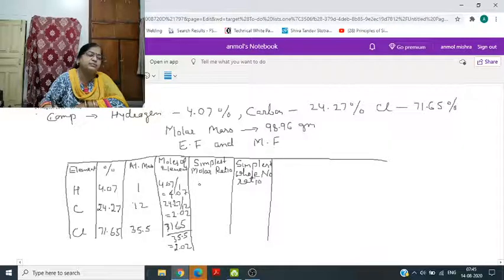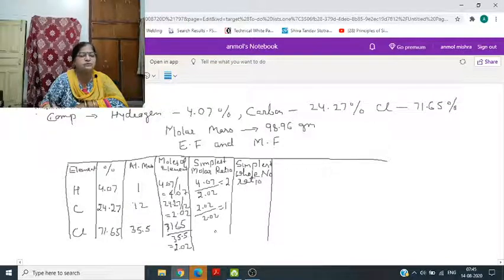So we will divide by 2.02. 4.07 divided by 2.02 is equal to 2. Second case, 2.02 by 2.02 is equal to 1. Then 2.02 divided by 2.02 is again equal to 1.